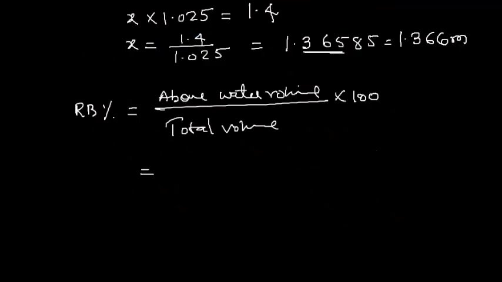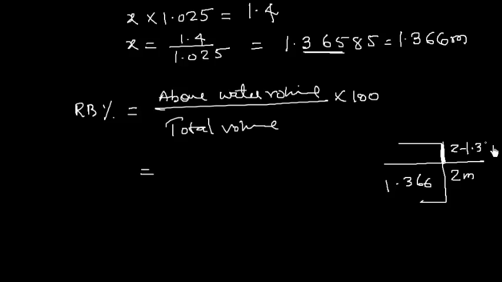Since this is a box shaped vessel, life is much easier. If we see, this is 2 meter and here the draft is 1.366. So what is this above water volume? This distance is going to be 2 minus 1.366.